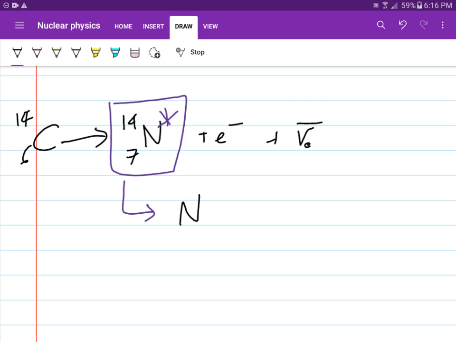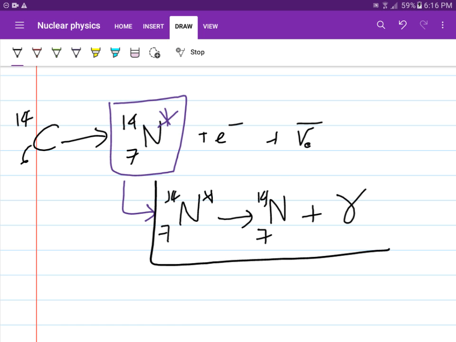When this excited nitrogen wants to go back to its ground state, it will, of course, be the same element, but it will release a gamma ray. So this is a gamma decay.